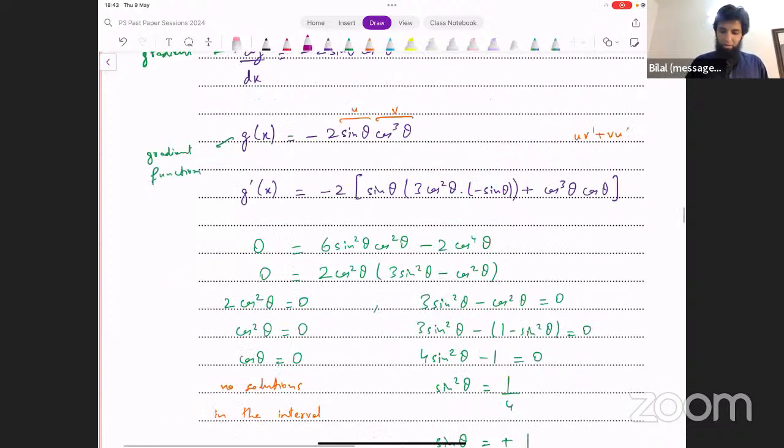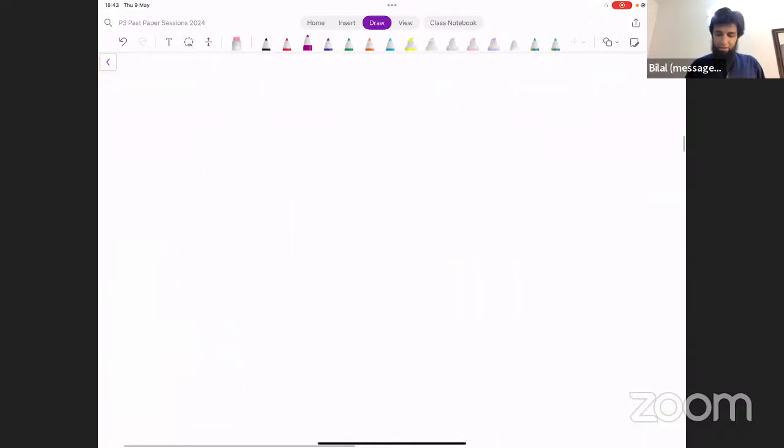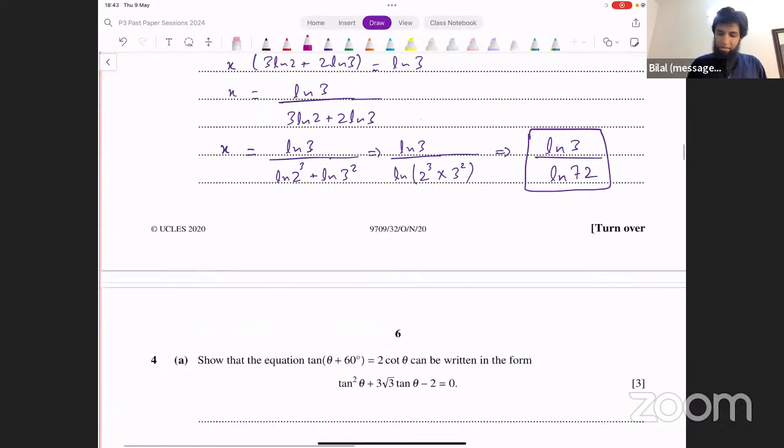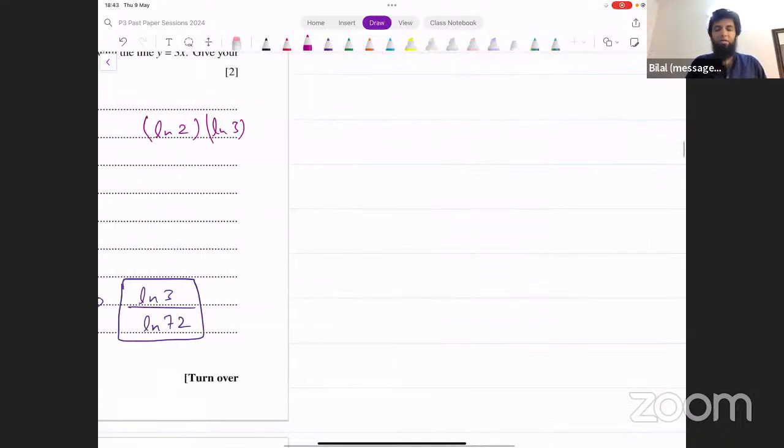Okay. Now, to answer your question, you were saying, what if you have ln of 2 into ln of 3? How can you simplify this thing? Well, you can't do anything with this. No, none of the log rules apply here.